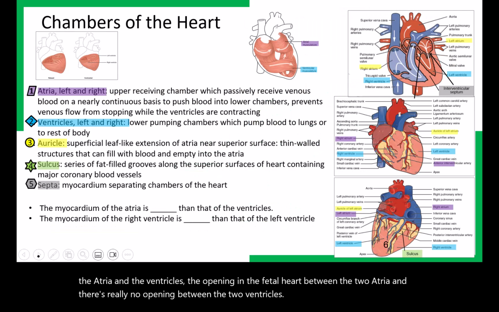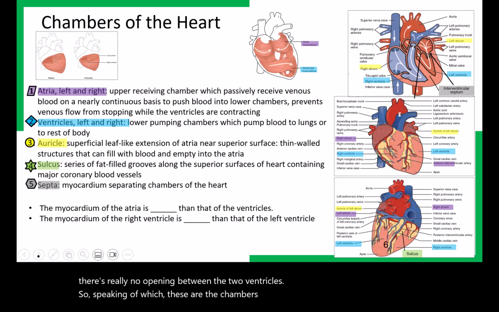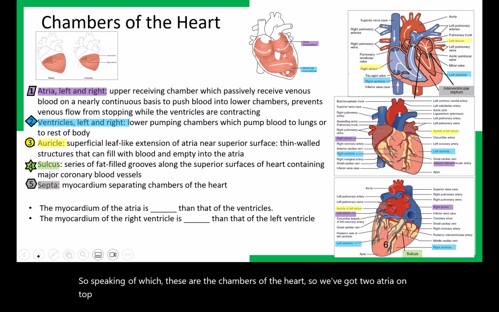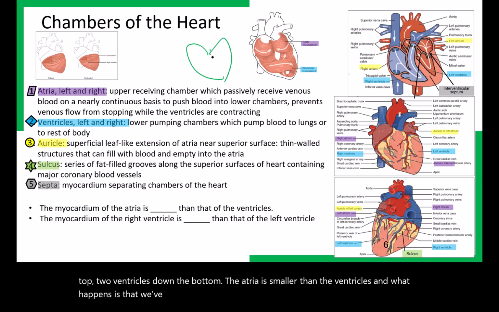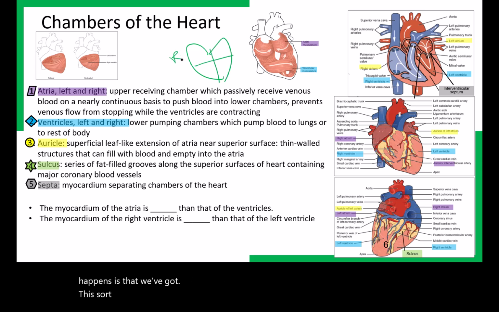So speaking of which, these are the chambers of the heart. We've got 2 atria on top, 2 ventricles down the bottom. The atria are smaller than the ventricles. So we've got the right atrium, right ventricle, left atrium, left ventricle.